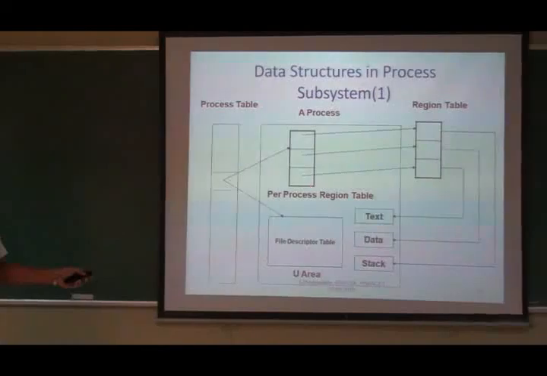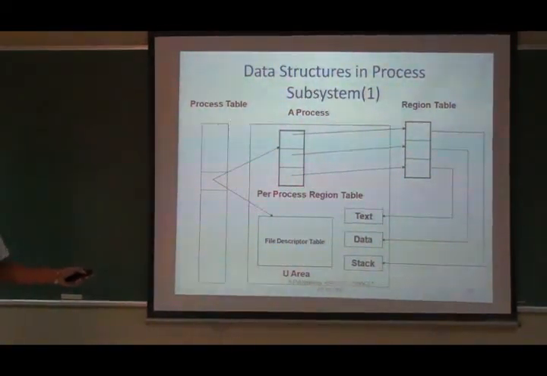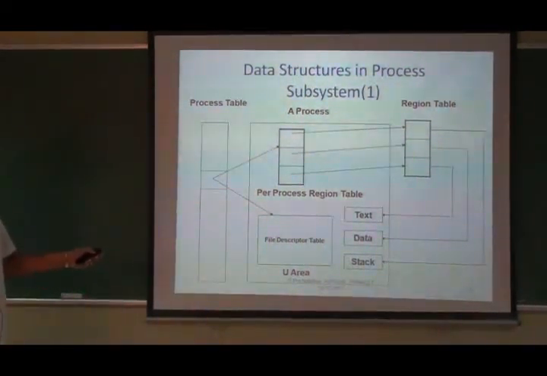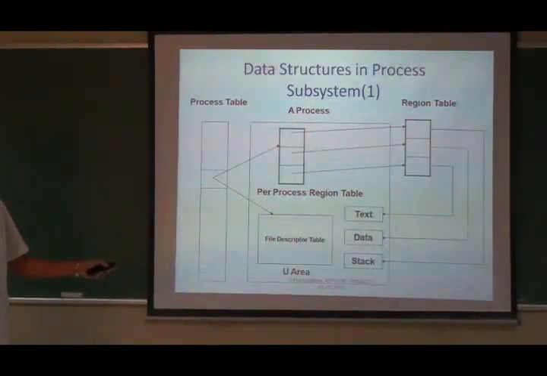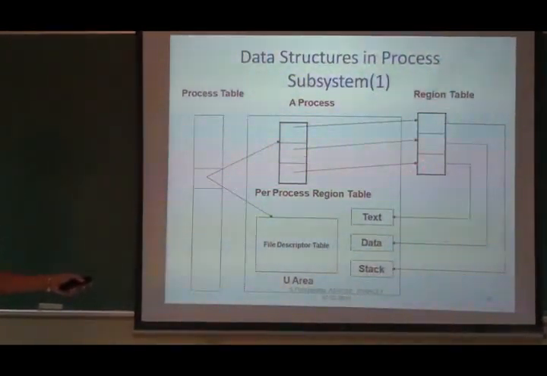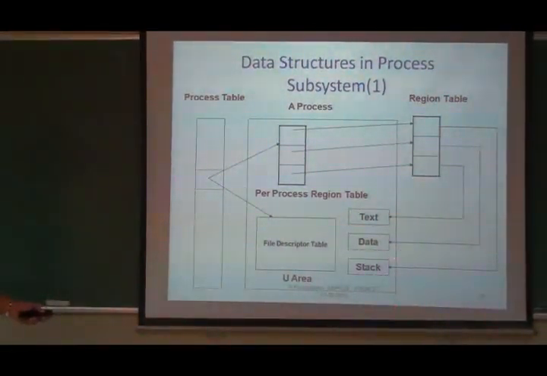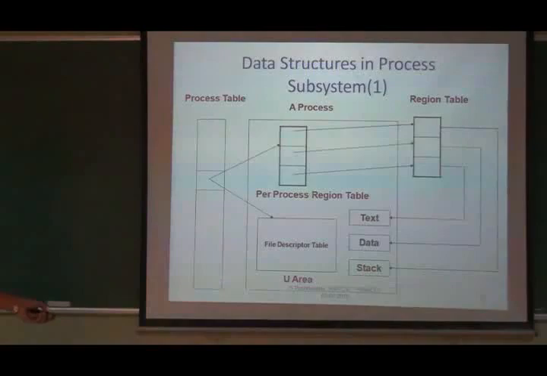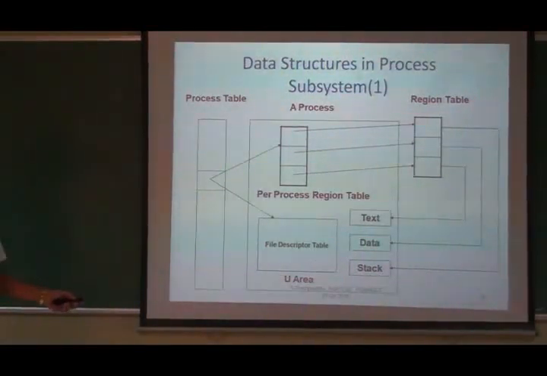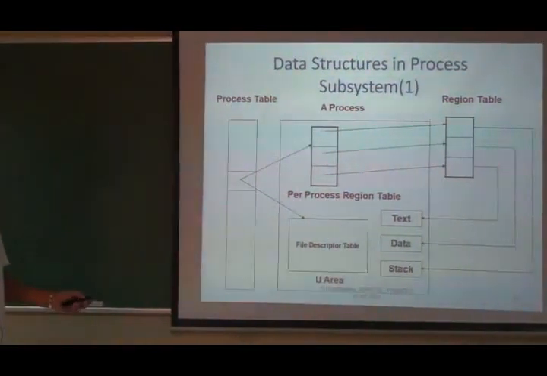This has the starting virtual address of text, data and stack. Again these 3 things will be pointing to the region table. The region table is pointing to the actual addresses of the text, data and stack. And the user file descriptor table has information regarding the process.